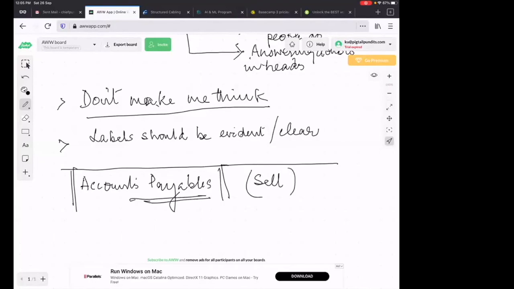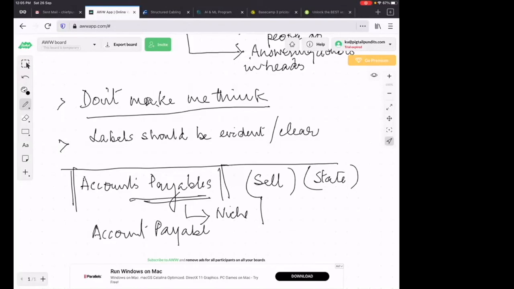You just need to state. But if there are too many account payable service providers, what would I do? I would go niche. I would say account payables for a particular type of company, which is SaaS businesses.